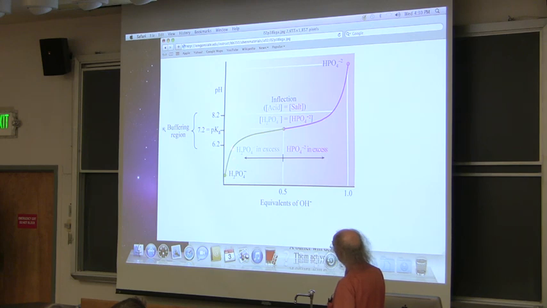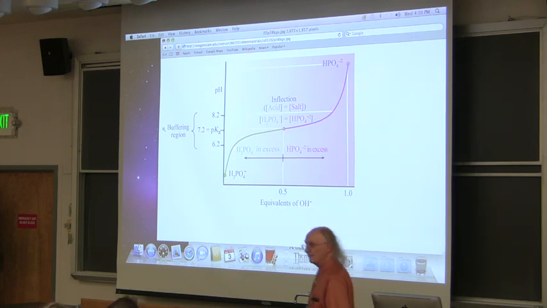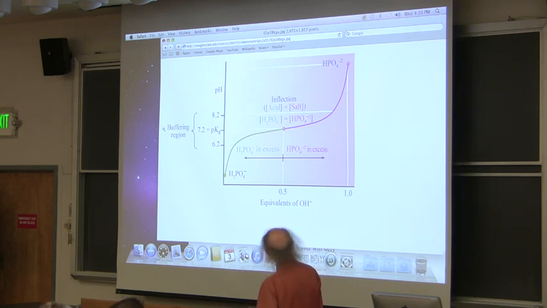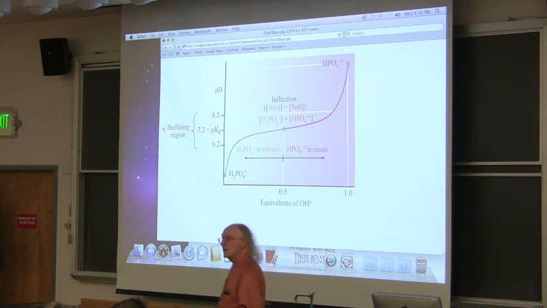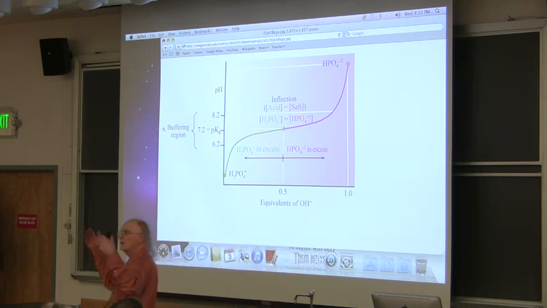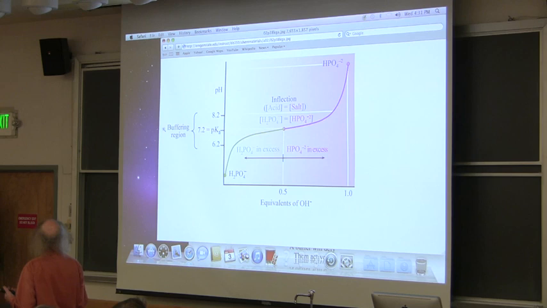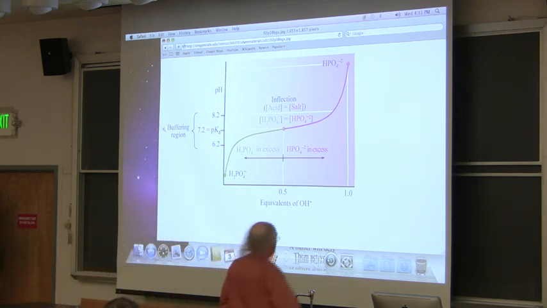We get outside that range, boing, it goes down, boing, it goes up. pH is changing a lot with a very minor change in hydroxide. But within this range, when I add hydroxide, it doesn't affect things much because we are in the buffering range. Okay? Very cool.